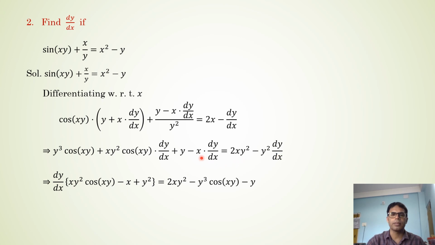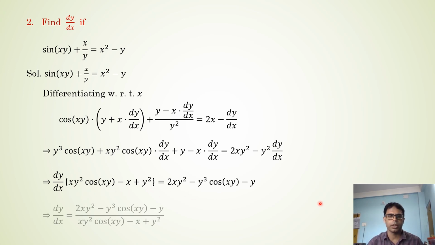Then from this term minus x is remaining here, and from this term, shifting to the left, it is plus y², and dy/dx is already taken, equal to, on the right hand side 2xy² is already here, and this term will go to the right hand side, that is y³ cos(xy), and just divide by this term on the right hand side. That will be the answer for the question. So dy/dx is equal to this part. Okay, so that is the solution for the question.